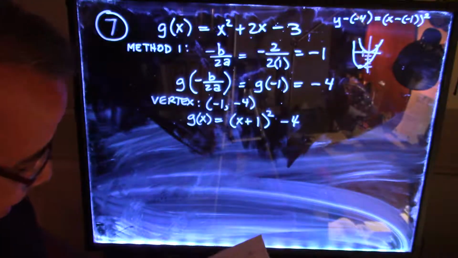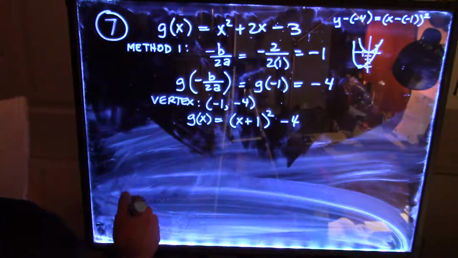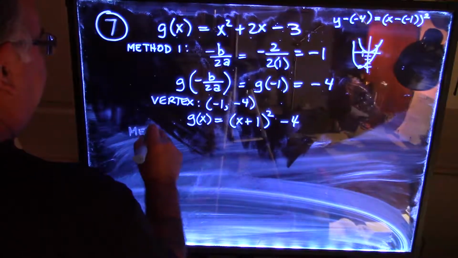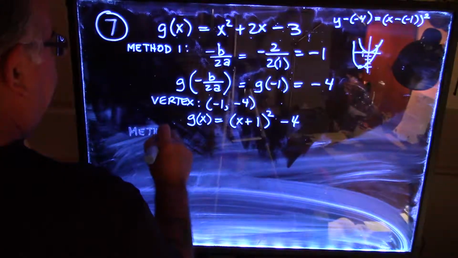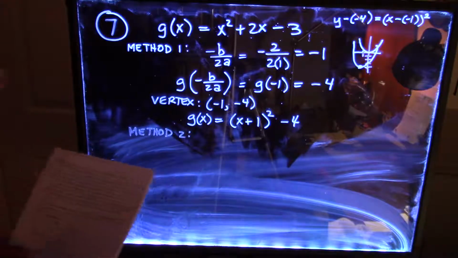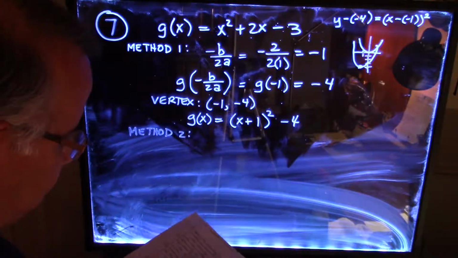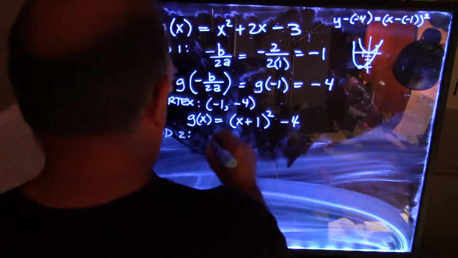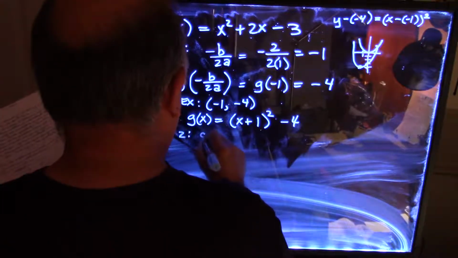All right. Okay, so that's method 1. Here's method 2. This is called completing the square. Again, this is the old school method, which we were all taught back in the day.